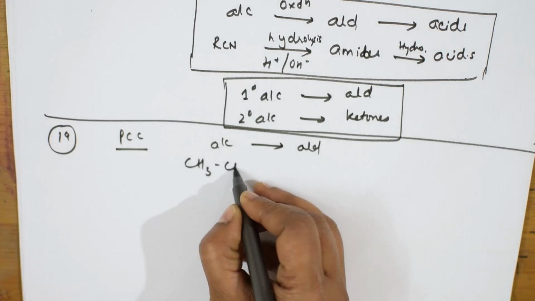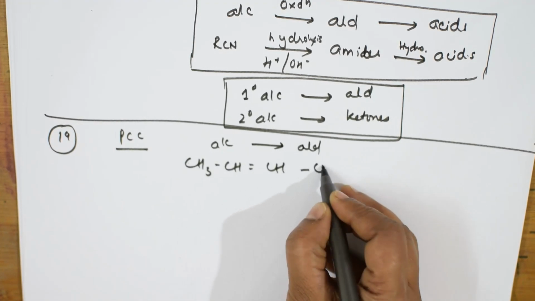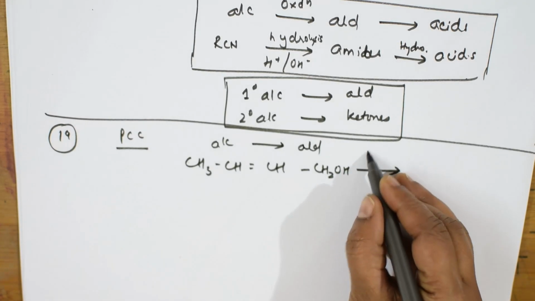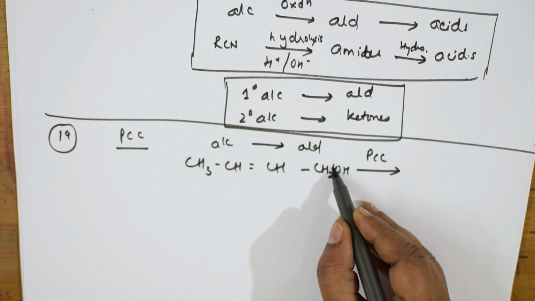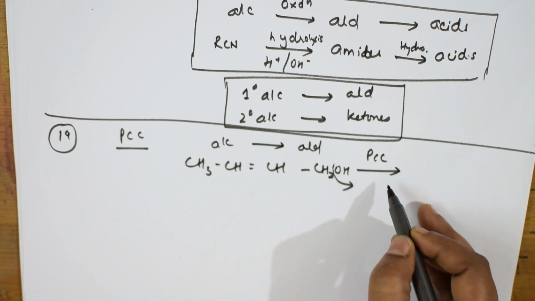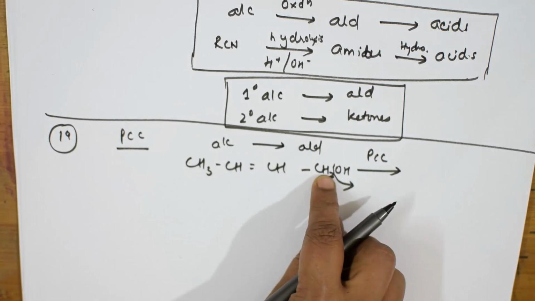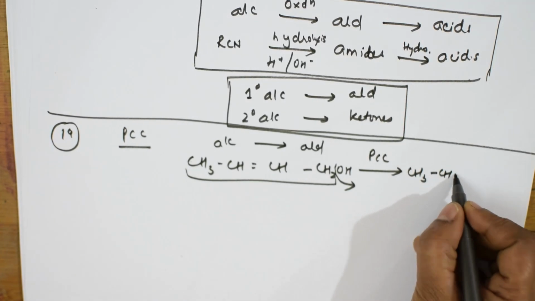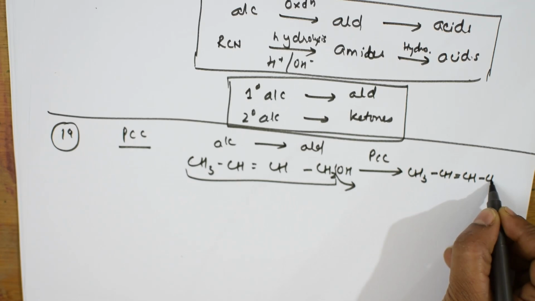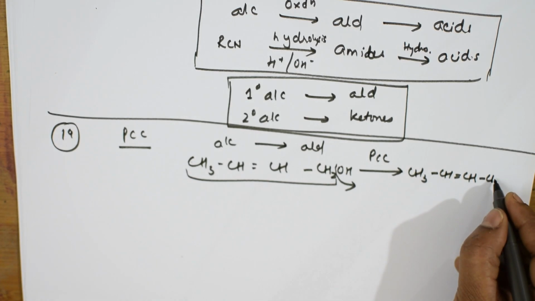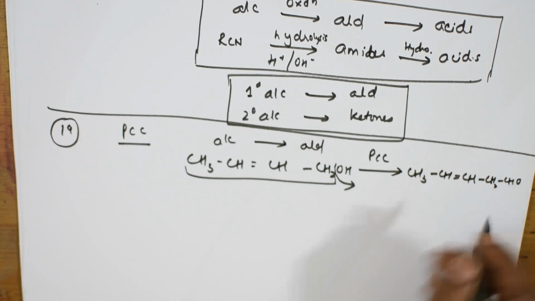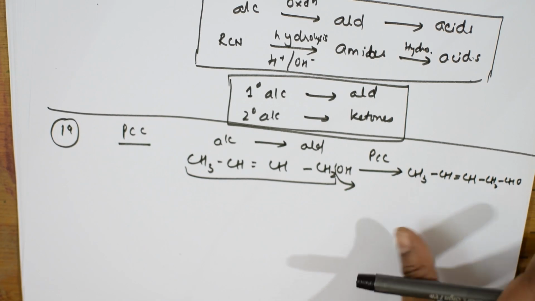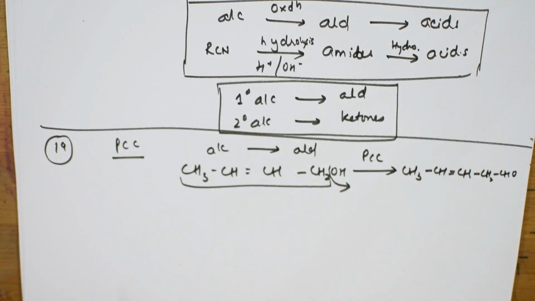If I have an alcohol like this and PCC is given in the paper, this alcohol gets oxidized to aldehyde. Copy the same thing from here till here: CH3, CH, double bond, CH, CH, this one is there. Here, CHO. Wherever OH is there, introduce CHO. Done. This is your chromium trioxide and PCC, students.